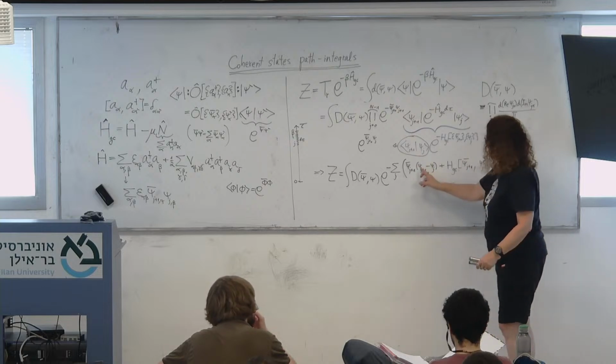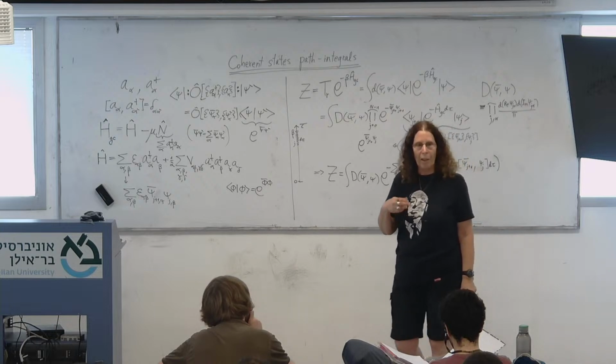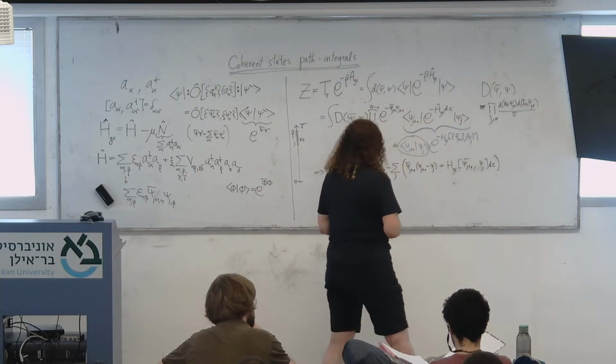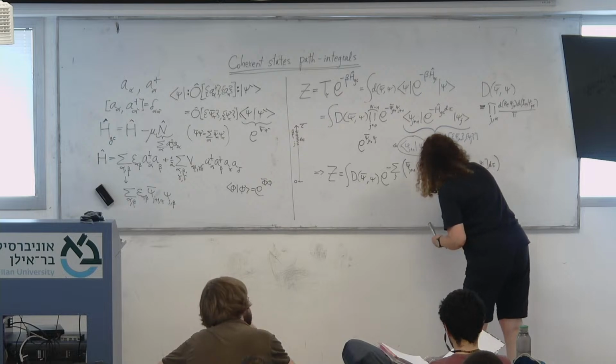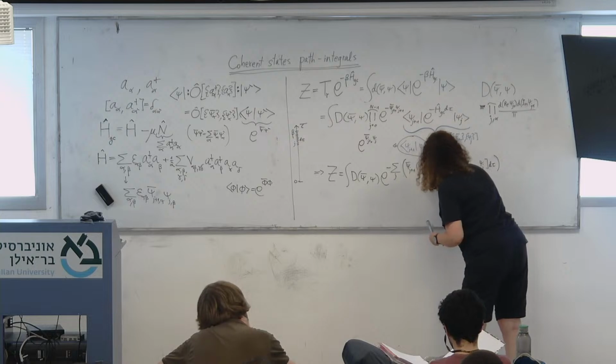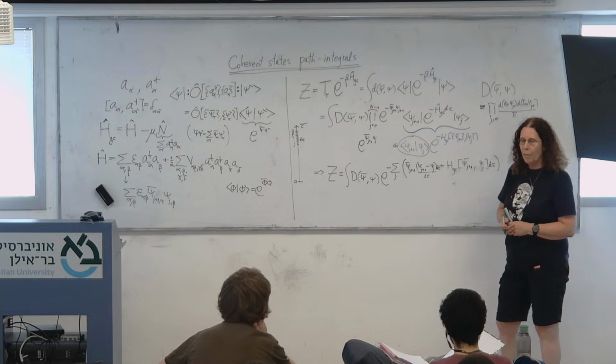This difference we can easily turn into a derivative in the limit that d tau goes to 0, if we multiply and divide by d tau.